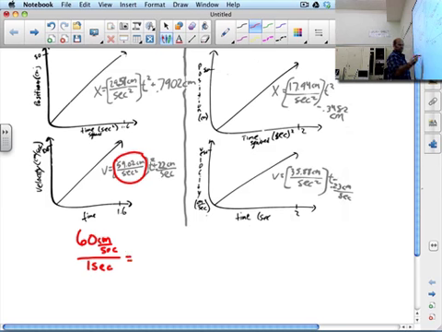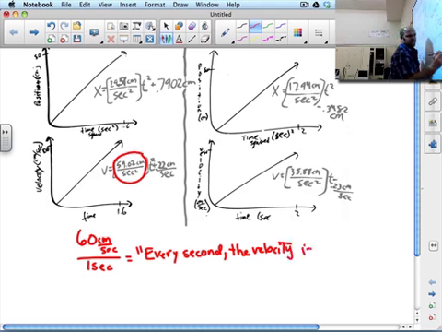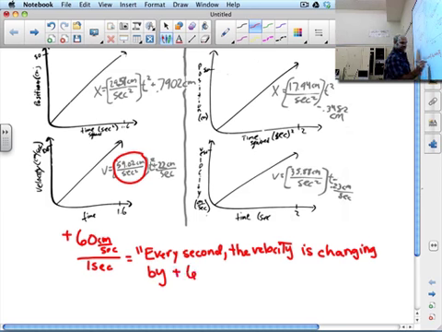And then what does this mean? This means every second the velocity is changing by positive 60 centimeters per second.